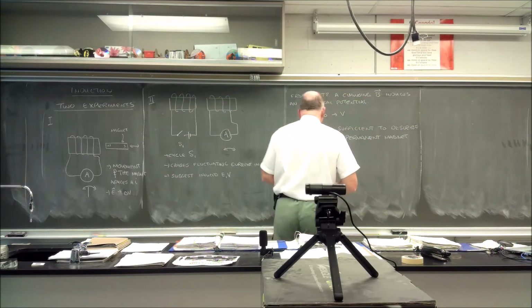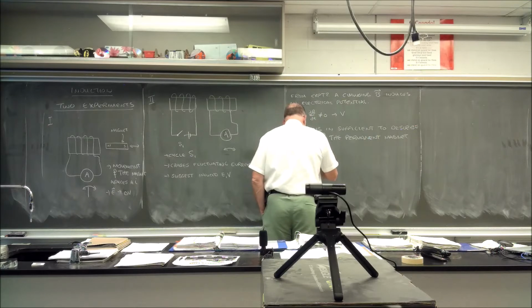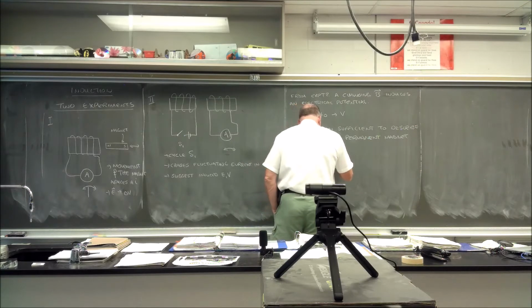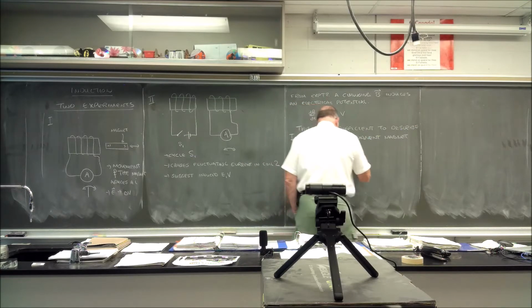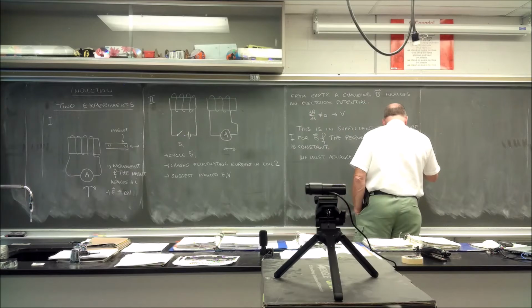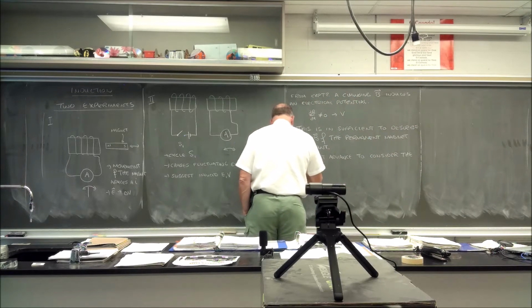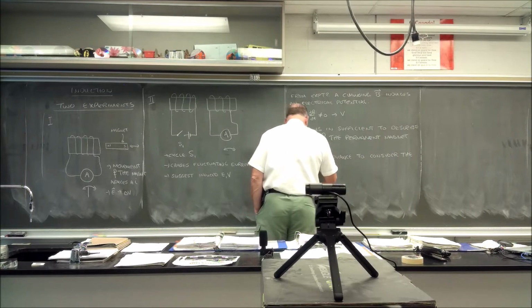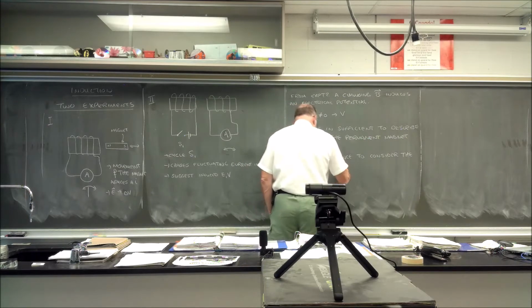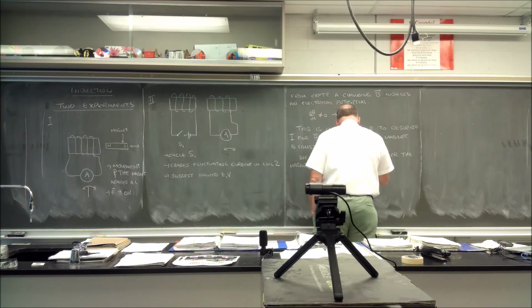Okay, so we must advance this to consider the magnetic flux, phi sub B, this time at the coil.